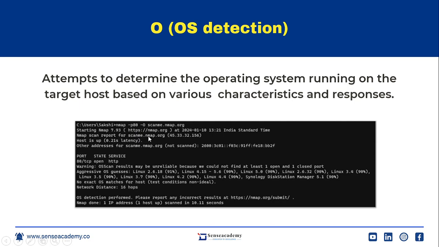As I applied the flag -O, I get the desired output that this particular domain is running on Linux. Okay, and it lists what all output it has fetched for the particular ports and services running on this OS.